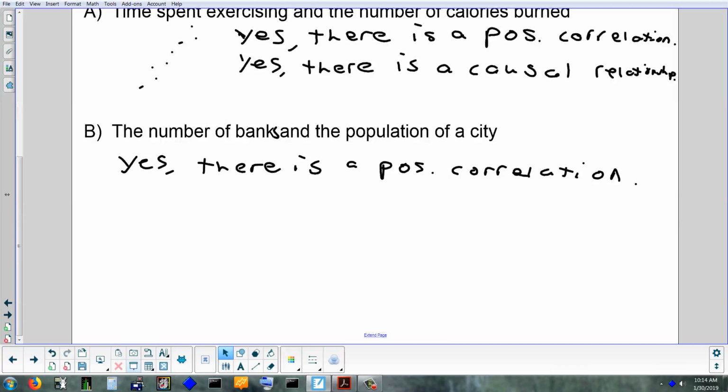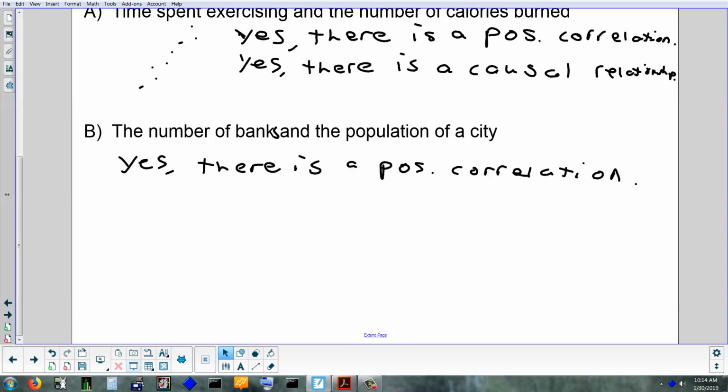That means there's some kind of connection, most likely, if you were to look at the data for cities in the United States, that you'd see a pattern, maybe like this if you graph the dots. Now, the next thing is, is it causal? If you change the number of banks in a city, if you build a new bank, will the population automatically go up?